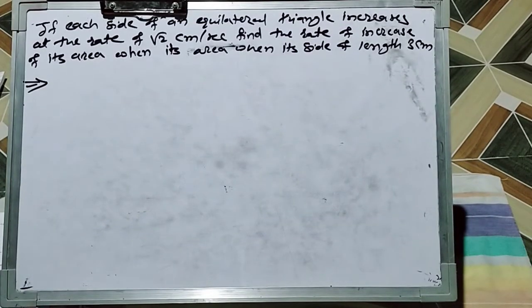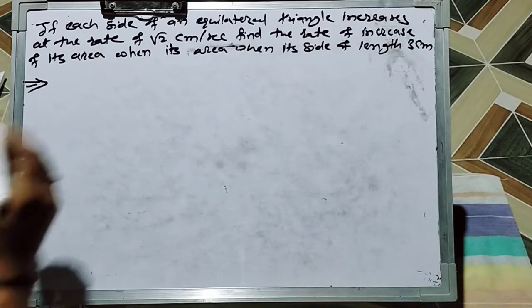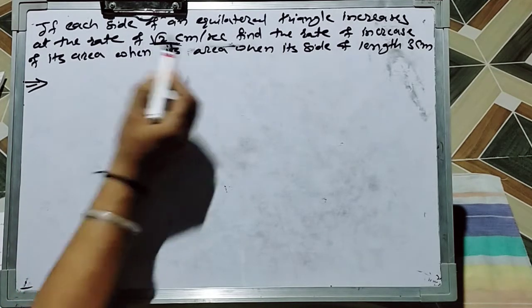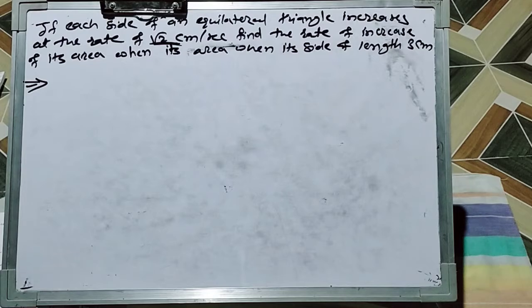Now consider the next example. If each side of an equilateral triangle increases at the rate of root 2 centimeters per second, find the rate of increase of its area when its side is of length 3 centimeters.